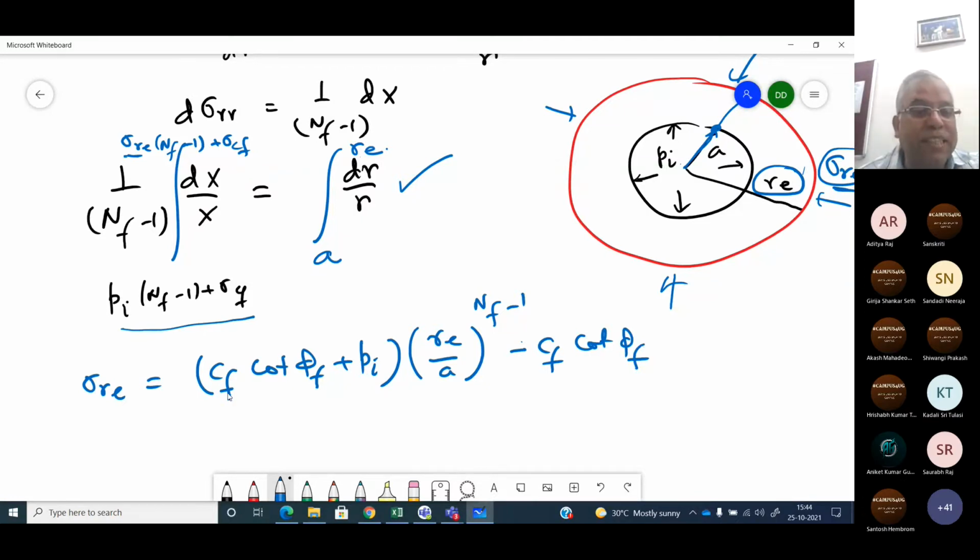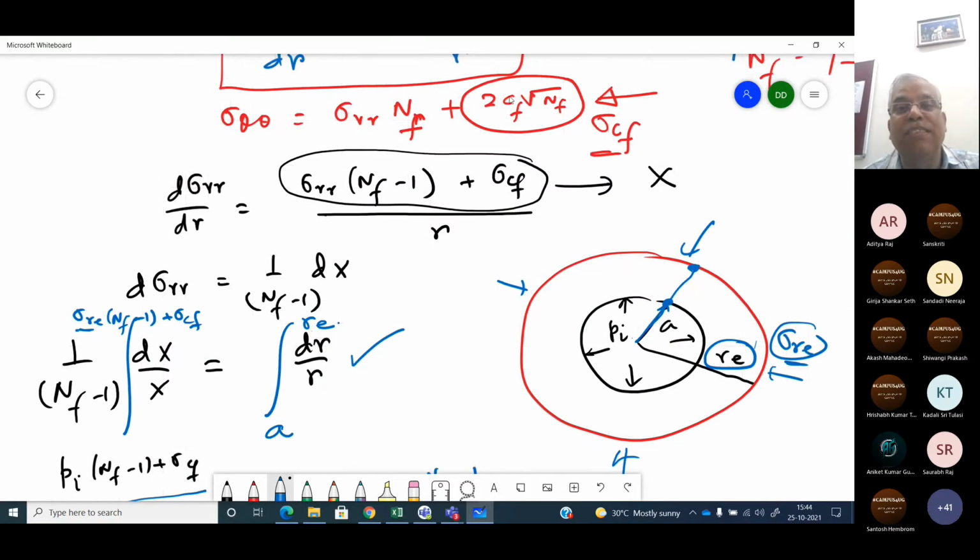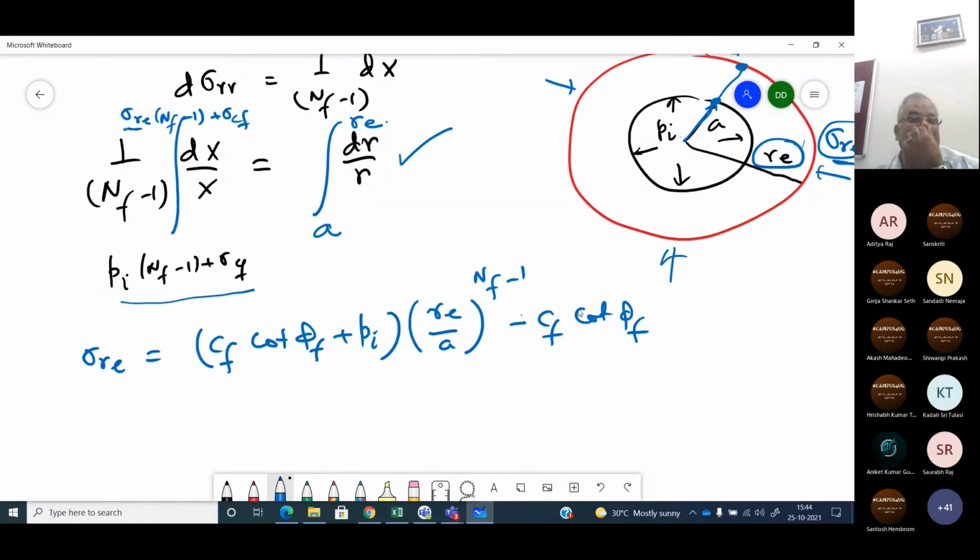Now you can ask me, sir, where did this CF phi F come from? I have already told you this sigma CF is this. You replace sigma CF by this, and then if you expand this formula, it comes like that. So this is just equation number 1.